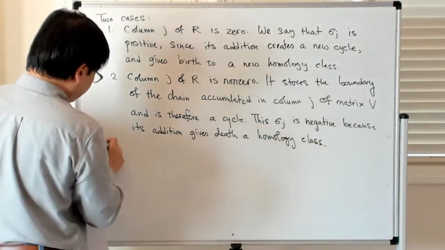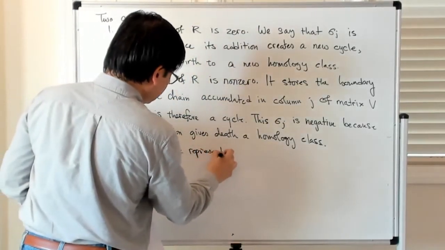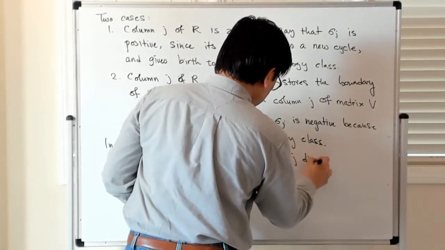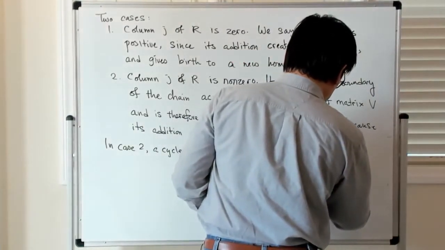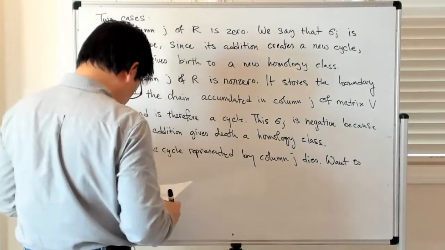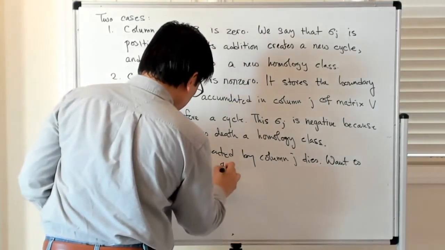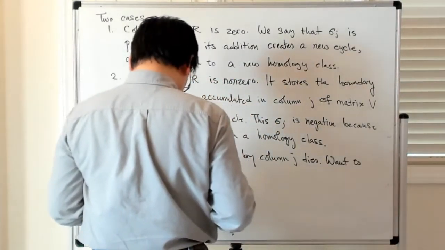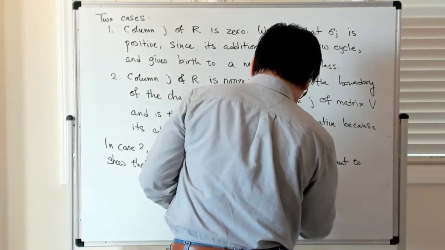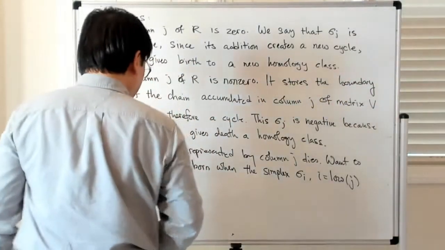So in case 2, the cycle represented by column J dies, and you want to show that it was born when the simplex sigma I, where I is equal to the lowest one of column J, was added.